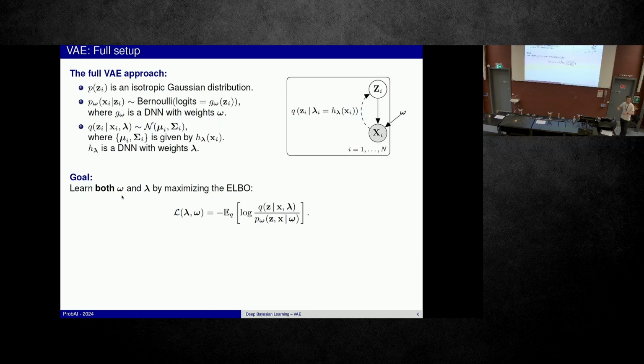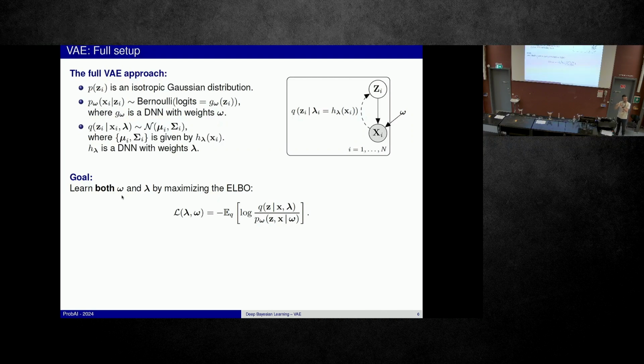And our learning objective now becomes maximizing the ELBO function down here with respect to both the weights that go into the neural network representation of our encoder network and omega, the parameters that go into the decoder network that we have specified in our model architecture up here.